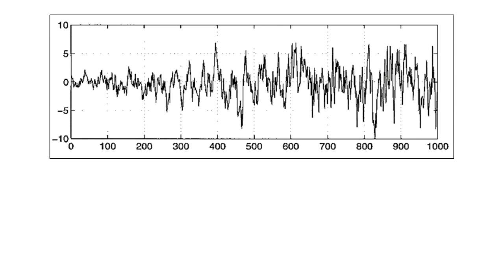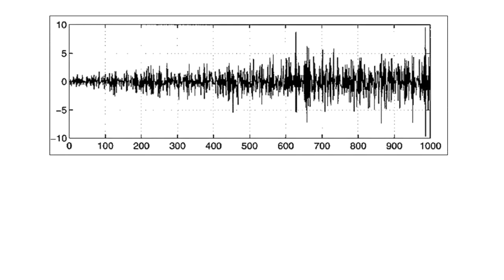Now the non-stationary reference signal, denoted by V2 of n, is utilized to estimate the noise signal to be cancelled out, denoted by V1 of n. Here we visualize, and because of this, the estimate of the desired signal d of n that is produced by the adaptive filter we visualize here.